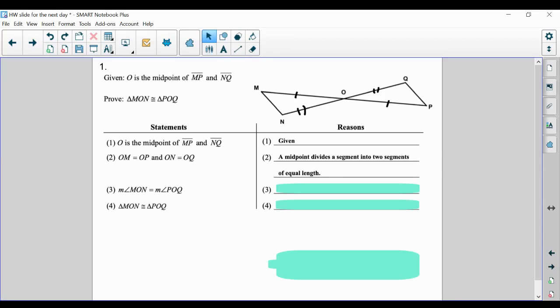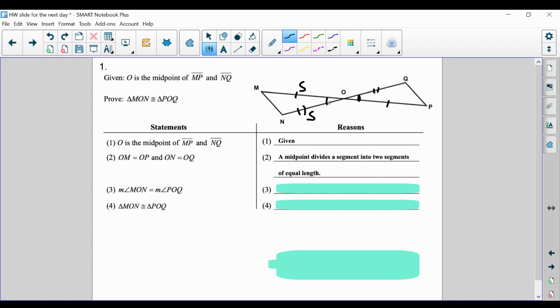Okay, next one, angle MON. This one's a side, this one's also a side. We have side and side. We need one more thing, angle MON, which is right here, congruent with angle POQ, right here.